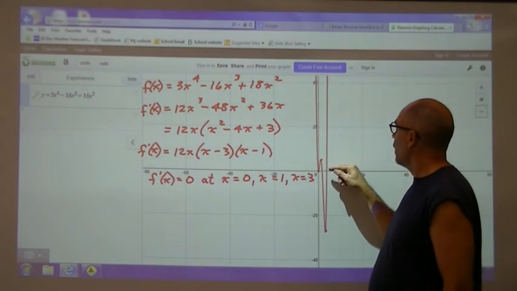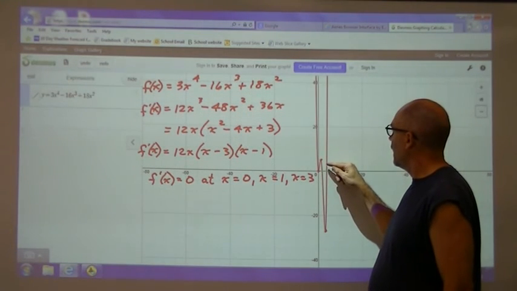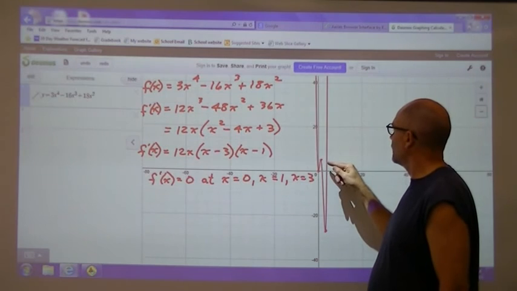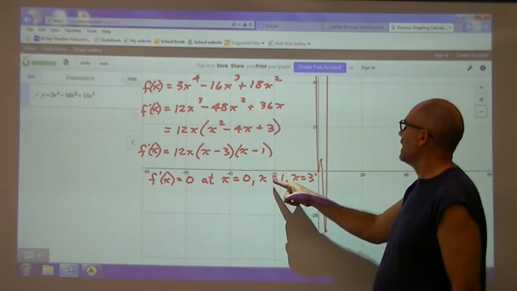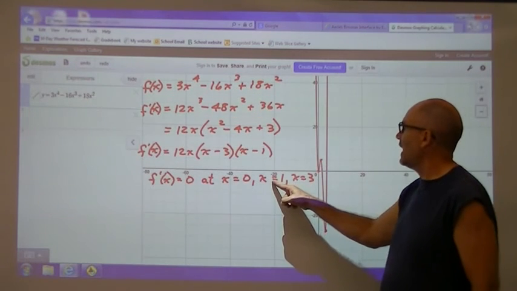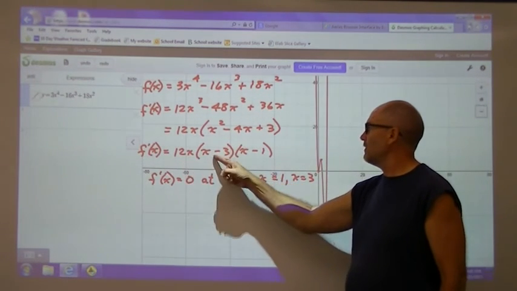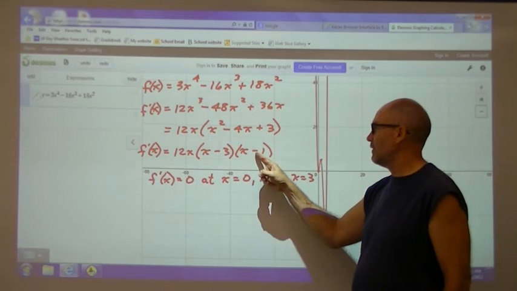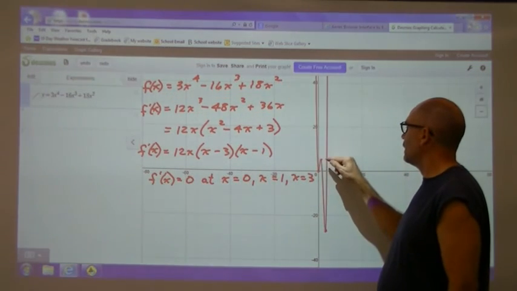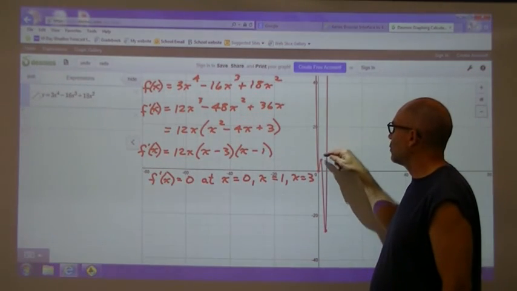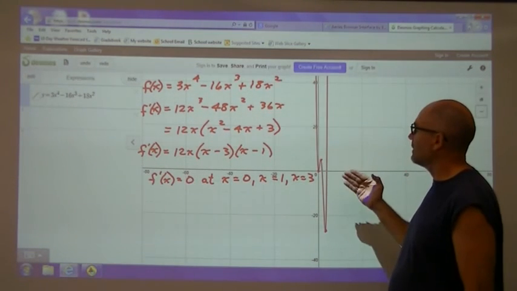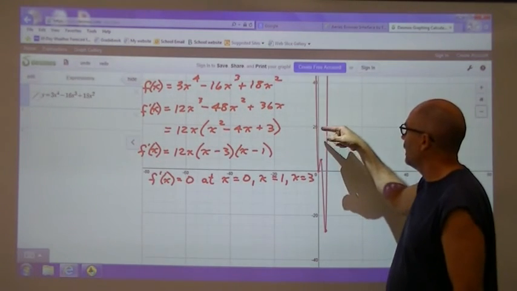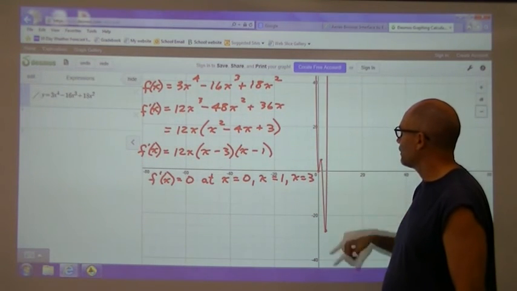I want to go just slightly to the right of 1. If it's 1.5, then that would be positive, negative, positive. That's negative, so it's going from positive to negative slope. That's a relative max. Now, is it an absolute max? Of course not. You can see that it goes way higher.